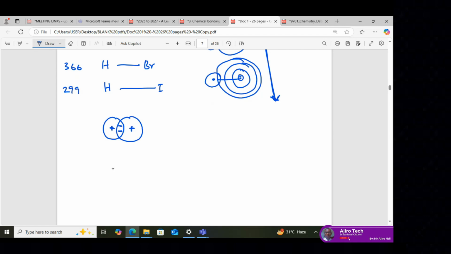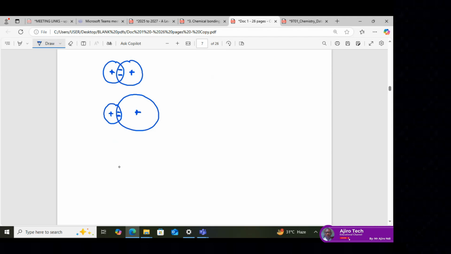Electron, electron. Look at the second one. Hydrogen, chlorine is now here. Nucleus, nucleus, electron, electron. Now next one. Nucleus, nucleus.